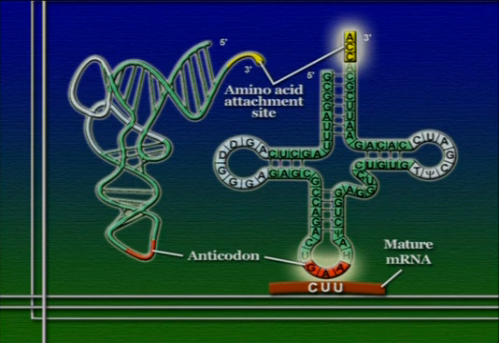Every tRNA has the same end. And yet, somehow the appropriate amino acid is connected with the appropriate tRNA. So that's the key question we have to turn to now. How does the correct amino acid become associated with the correct tRNA?